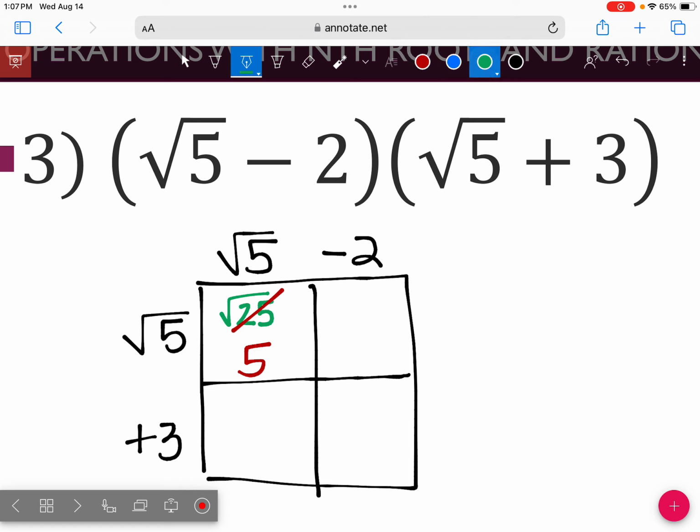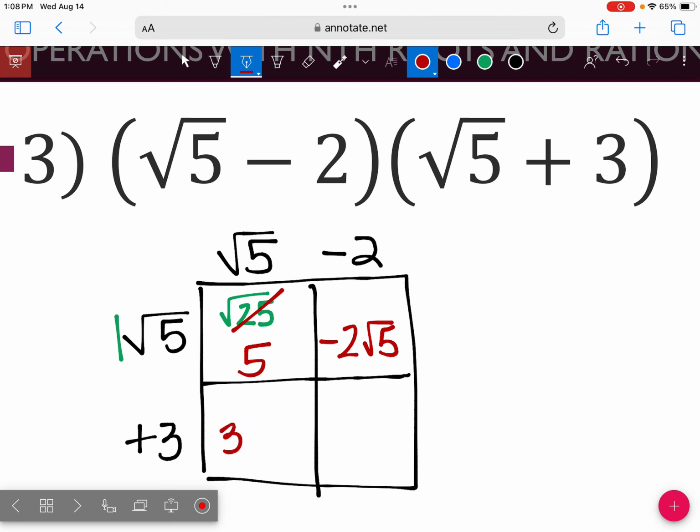So in this box, we have an invisible 1 right here. We're just going to multiply these two numbers. Take the -2, multiply by 1. What do you get when you multiply -2 times 1? You get -2. And then that square root of 5 is just going to stay. So -2 times the square root of 5 is -2 root 5.